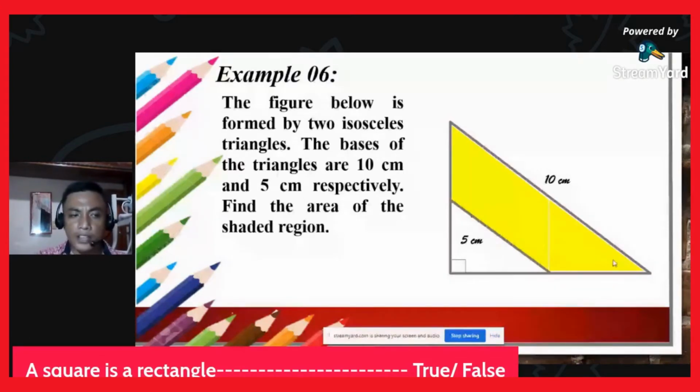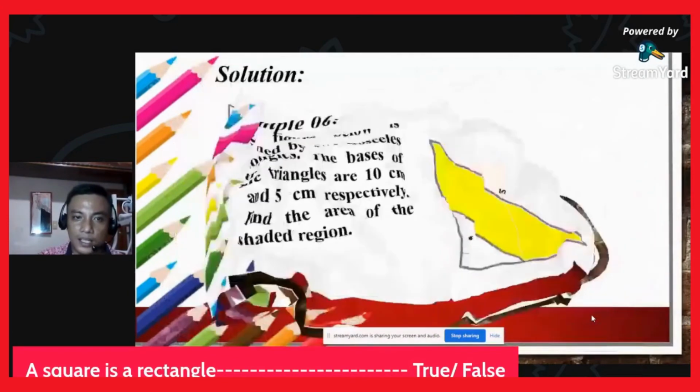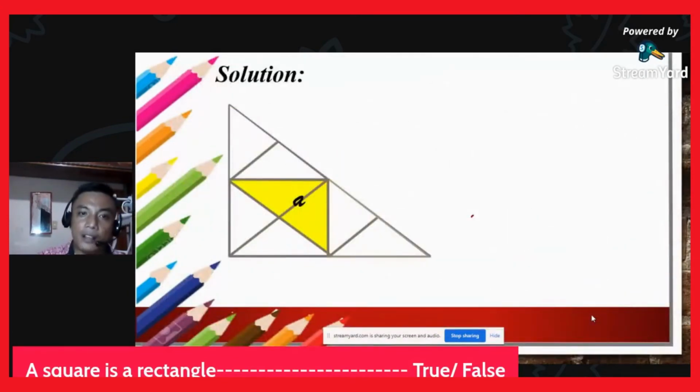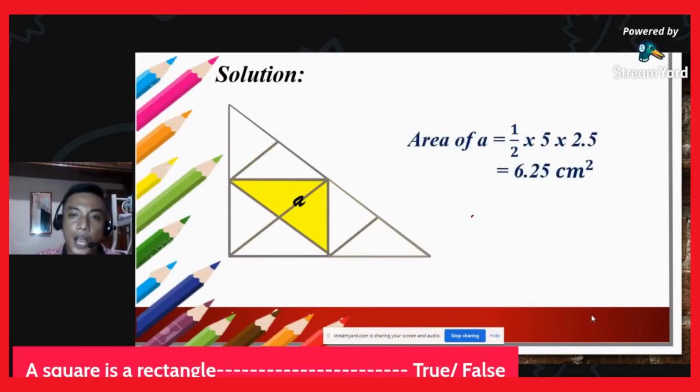So, in the shaded region, how many isosceles triangles can be formed? Simply, this triangle A is just equal to the triangle a while back. So the area of triangle A is simply equal to 1/2 times 5 times 2.5, which is 6.25 square centimeters.